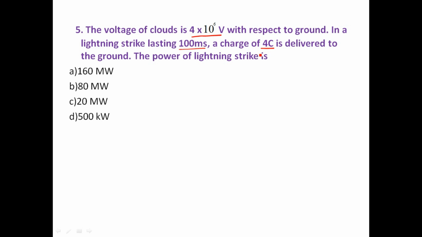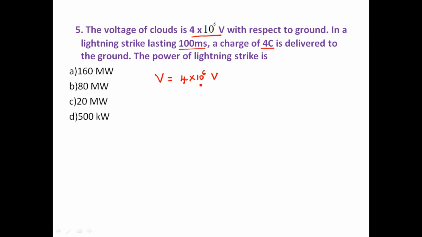The power of lightning strike is, so what is given in the question? Voltage of clouds is given with respect to ground. It is 4 into 10 to the power of 6 volt, and there is a lightning strike lasting for 100 milliseconds.